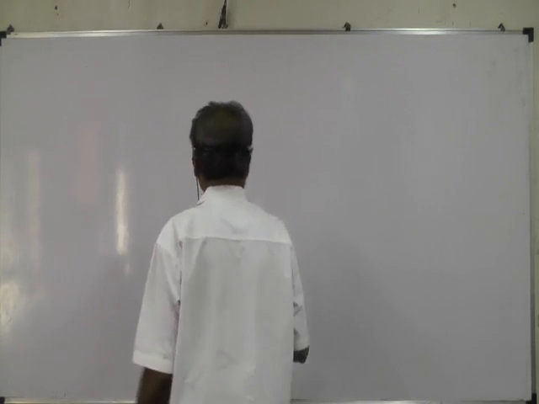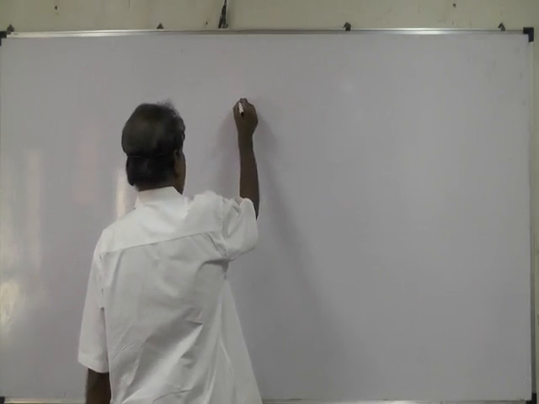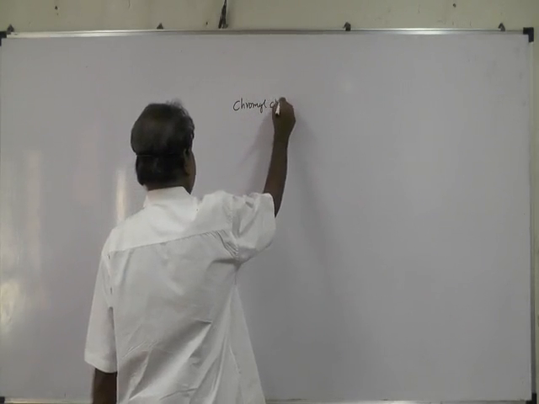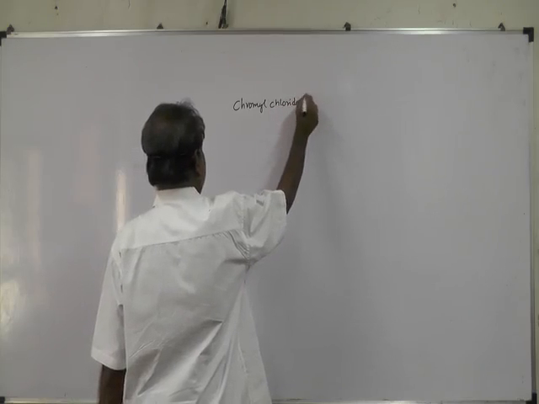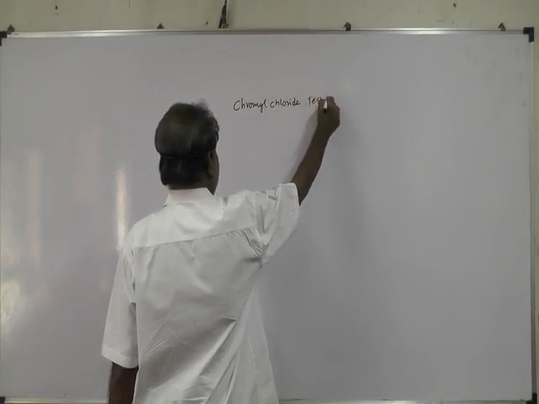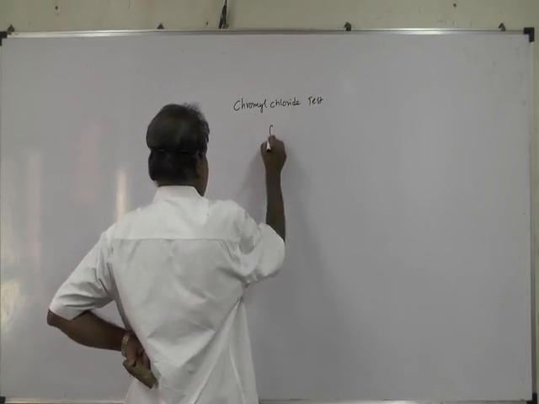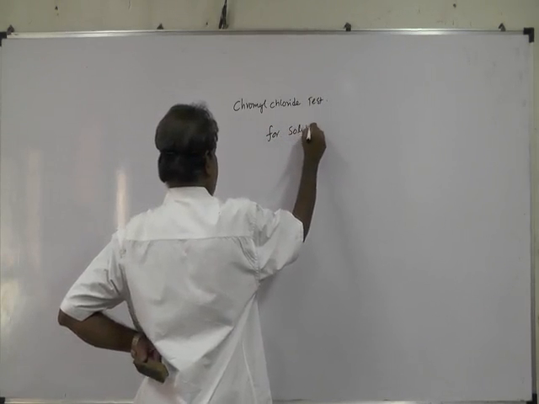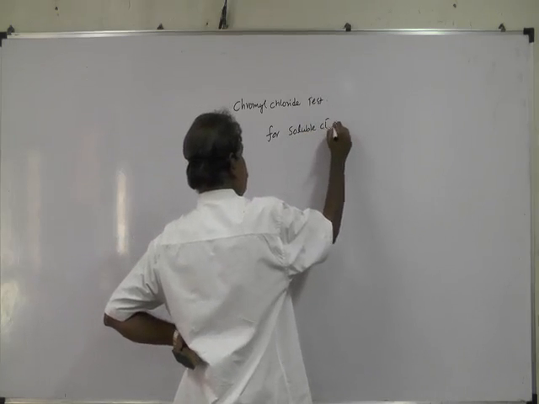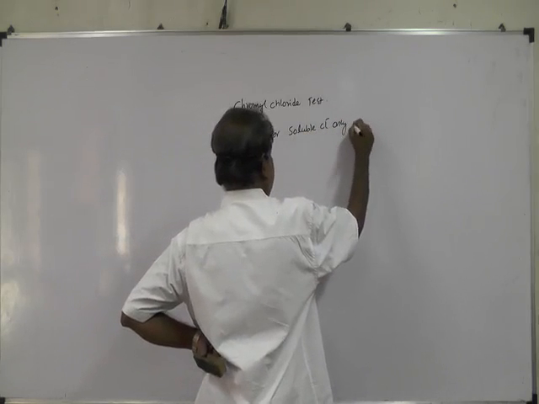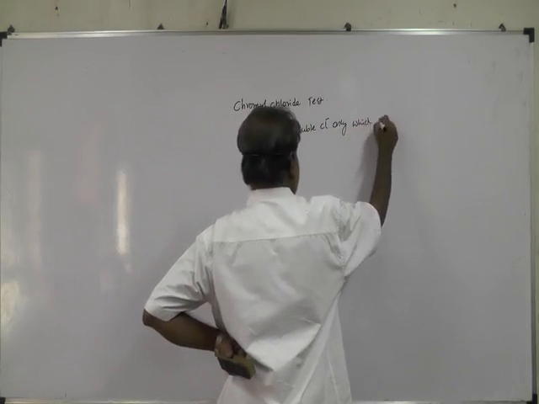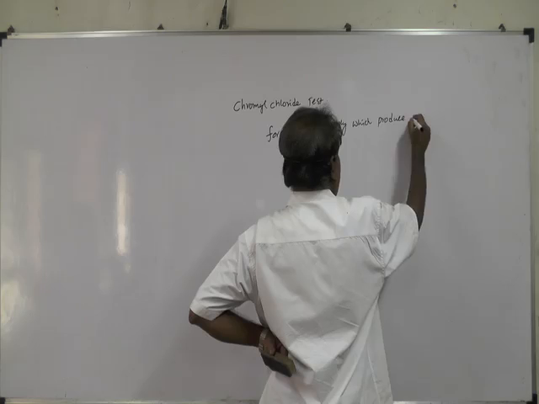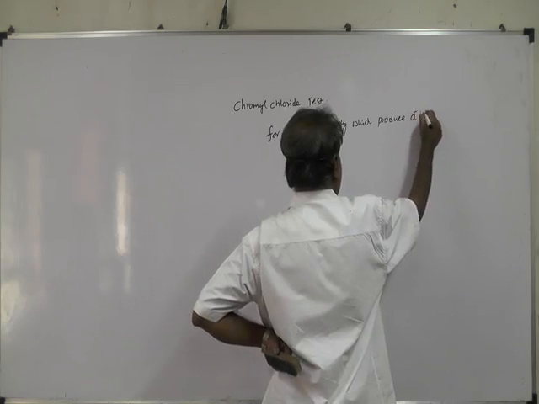Now, chloride. Chromyl chloride test, very important, my dear friends. For soluble chlorides only, which produce chloride ions, very important.